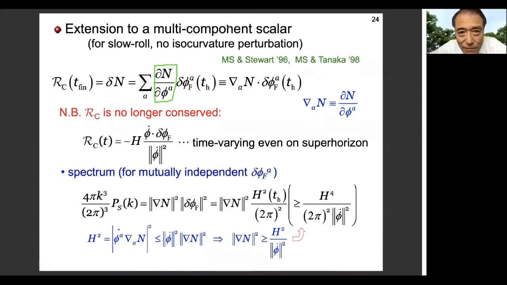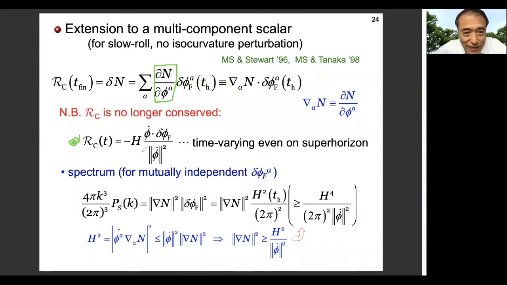Somebody is trying to say something. Is that okay? Okay. So you only need the background motion. If you want to solve for the comoving curvature perturbation instead, you have to solve the full linear perturbation equations, which can be quite complicated with a multi-component scalar field.